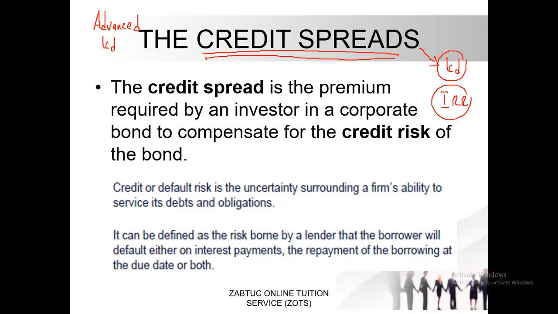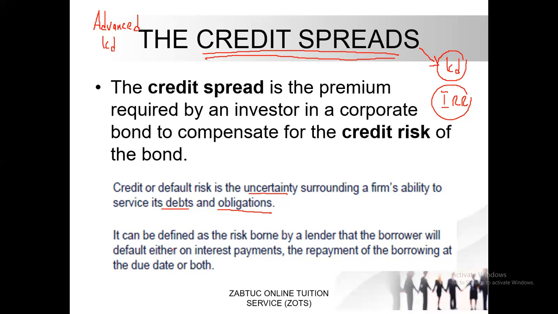How does it work? The credit spread is the premium required by an investor in a corporate bond to compensate them for the credit risk of the bond. The credit or default risk is the uncertainty surrounding a firm's ability to service its debts and obligations.